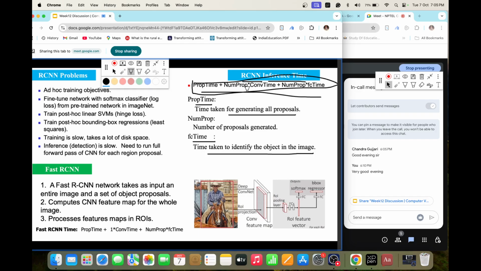That will give you the total inference time for RCNN, and that is important from your question point of view.